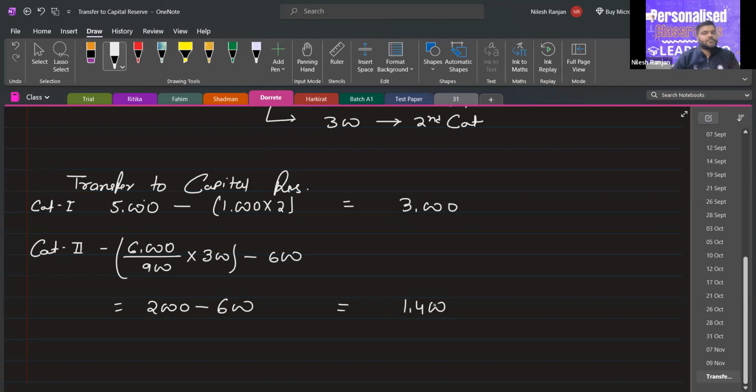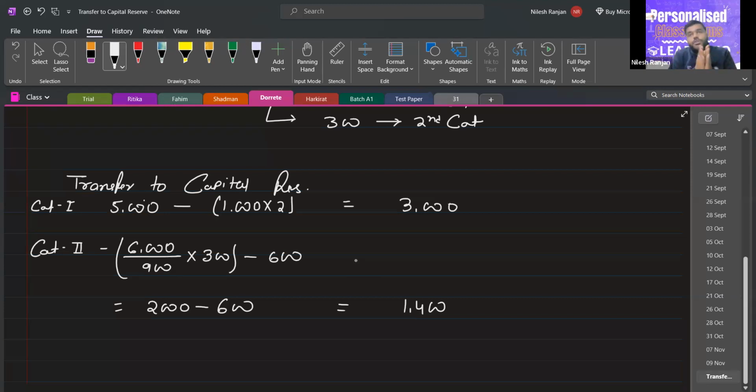Now, for the journal entry part, can you solve the journal entry by yourself, or should I write it here? Sir, we can do it. Let me explain it to you.